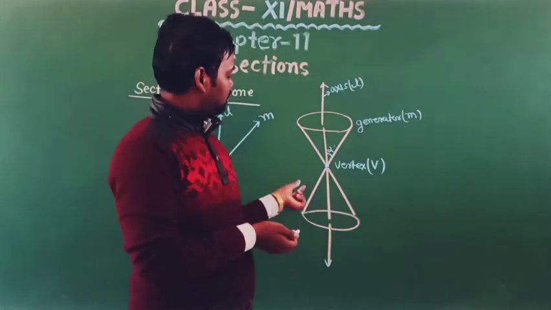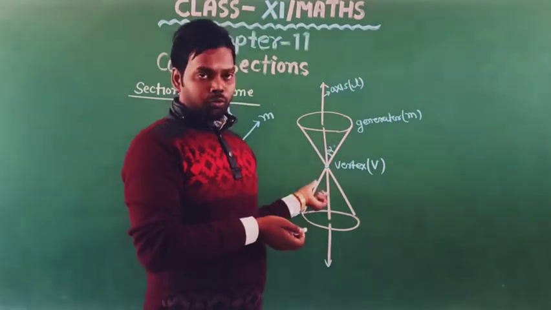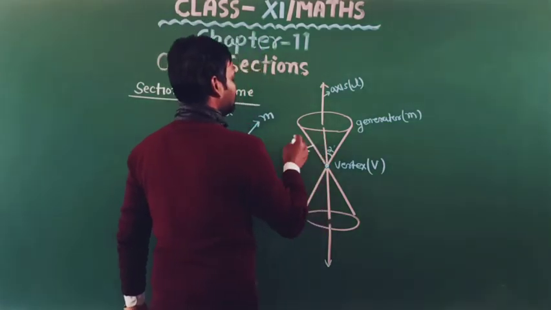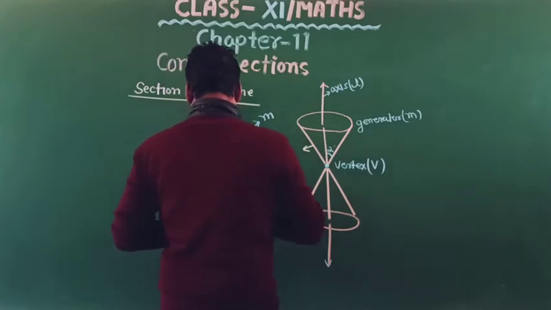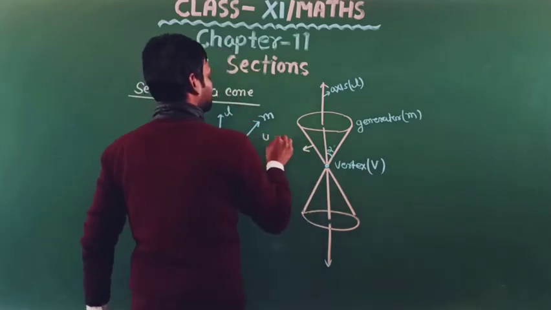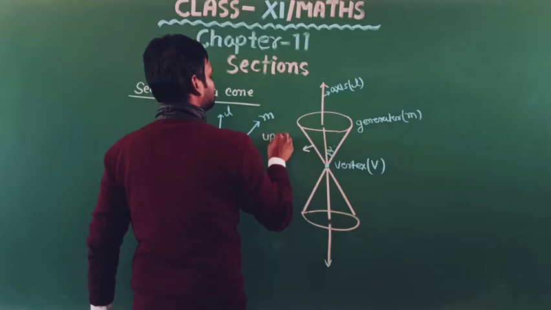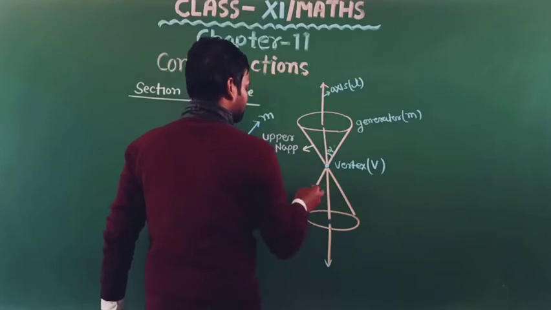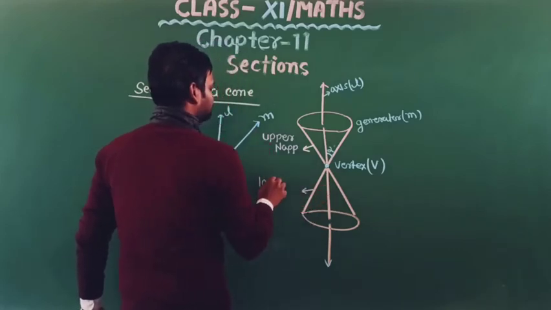We have two napes: the upper part of the cone is called the upper nape, and the lower surface is called the lower nape.